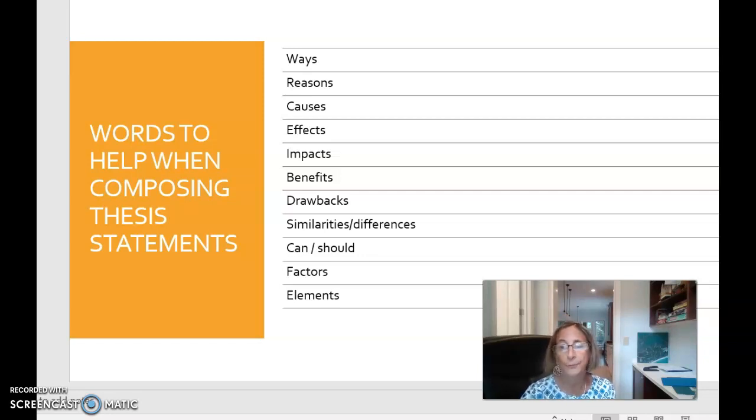If you're going to be doing a compare and contrast essay, you're thinking about what the similarities and the reasons are. If you're writing an argument paper, then you're thinking about the shoulds or shouldn'ts: what should be banned, what should be expanded, what should be legal, what should be illegal, what should be changed.